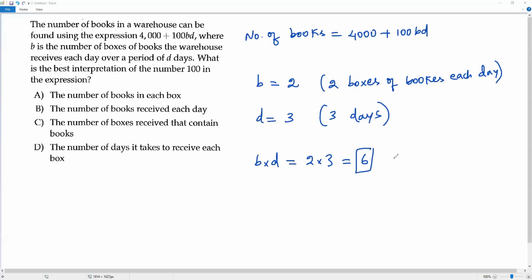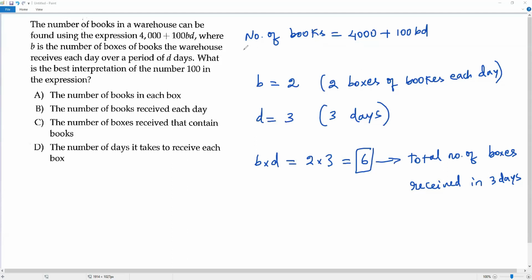So this 6 stands for the total number of boxes received in 3 days. In general, we can explain B times D as the total number of boxes the warehouse receives over a period of D days.